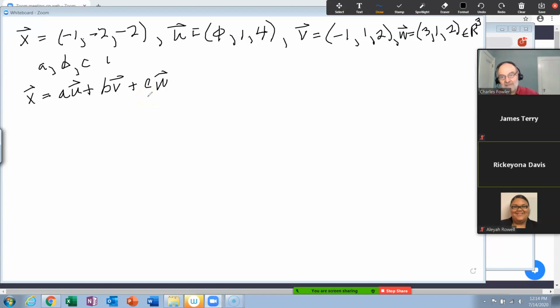Now, basically we do just about what you would think is the logical thing to do. We write vector X as what it is: negative 1, negative 2, negative 2.